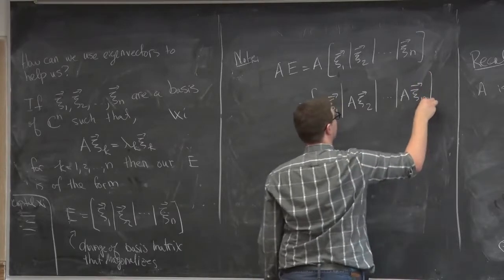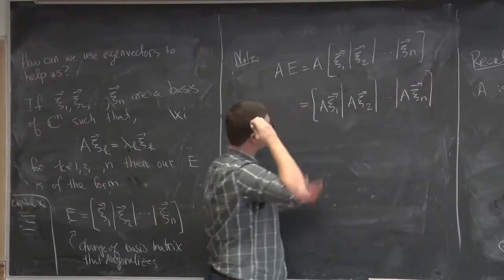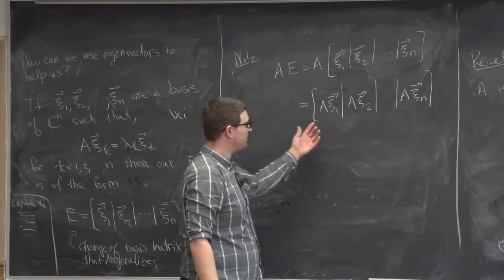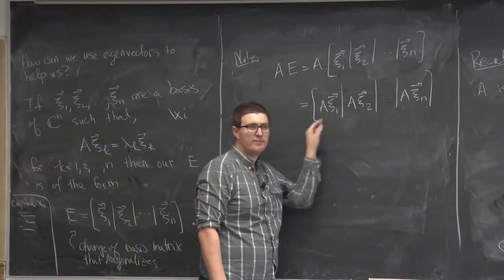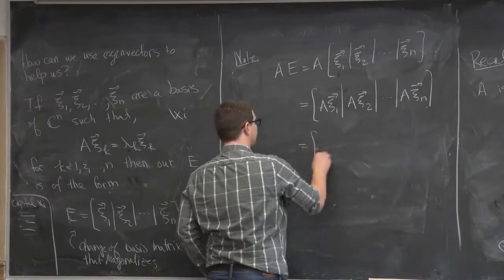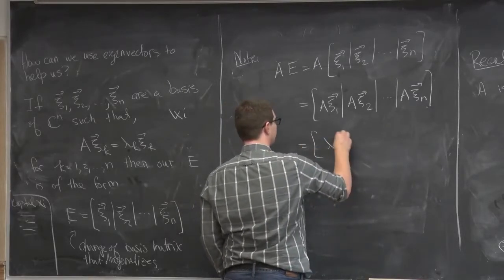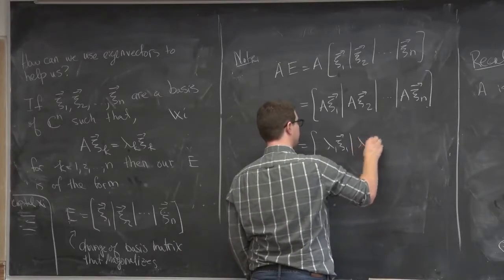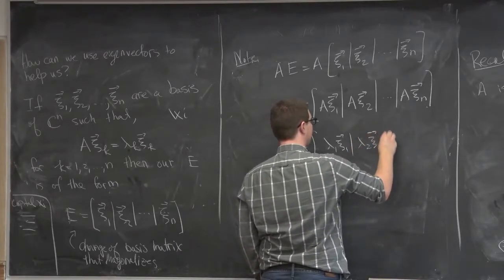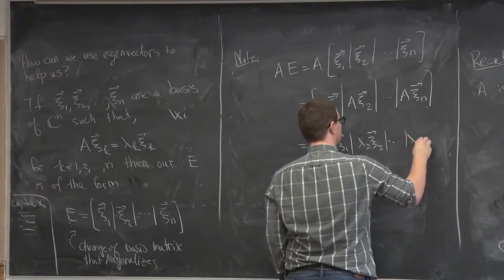I found that when someone told me this, I thought it was very useful. Now you can see how the new columns look: lambda 1 c1, lambda 2 c2, etc., up to lambda n cn.